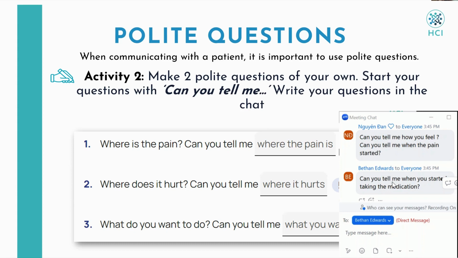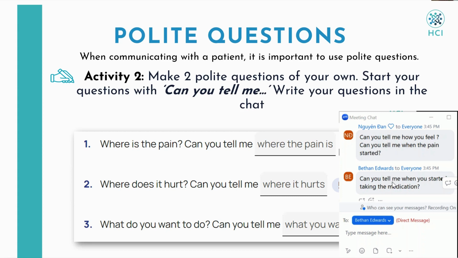Okay, so I can see a lot of questions. Good. Excellent, everybody. Be careful that if you're asking a question about the past, remember to use the past verb.